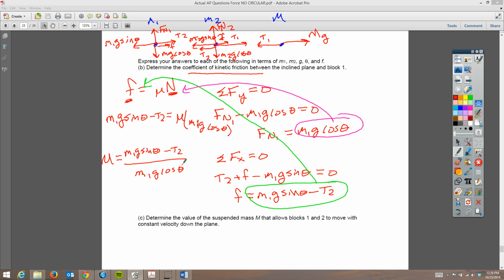Remember, sine over cosine here is essentially tangent. We've solved for it, so I think we're done. We're just going to stop there. And that would be an appropriate answer for what you need. And so you should be set. So that is the correct answer for letter B.